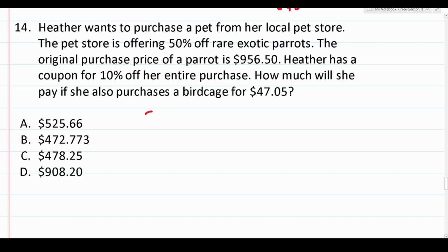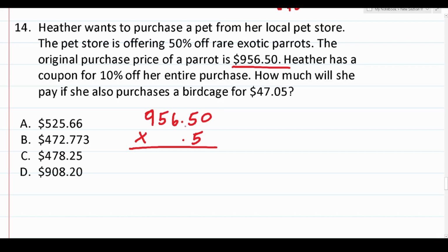So that's going to be $956.50. We're going to take 50% off of that, and that's going to be times 0.5. Again, the decimal form of 50% is 0.5. By working out this arithmetic, we'll know what half off of $956.50 is. So let's go ahead and do that.